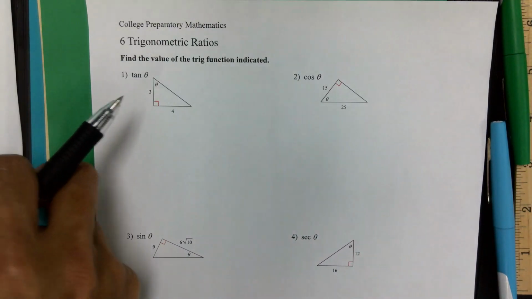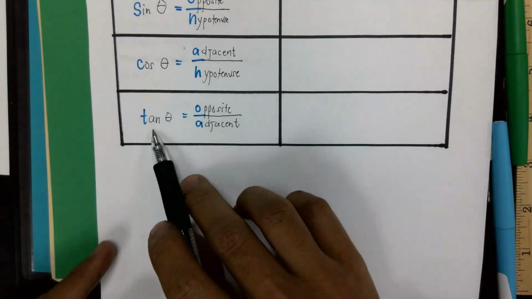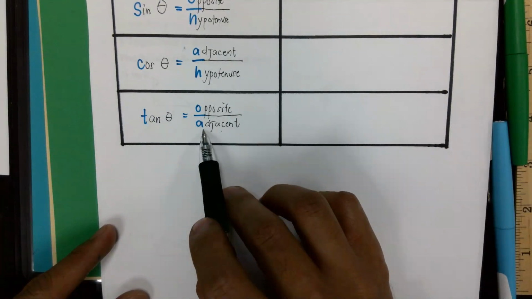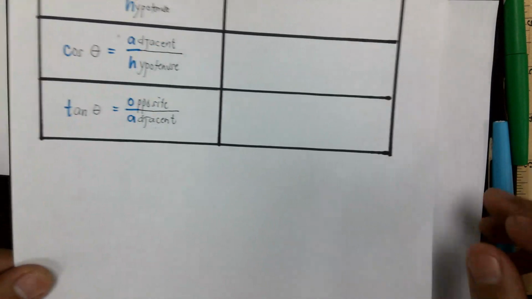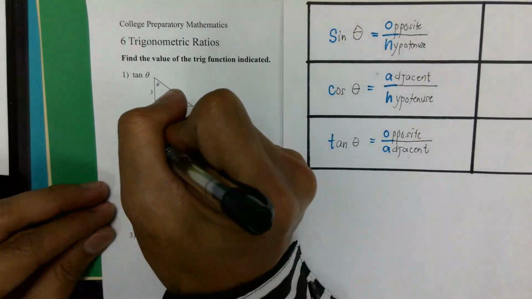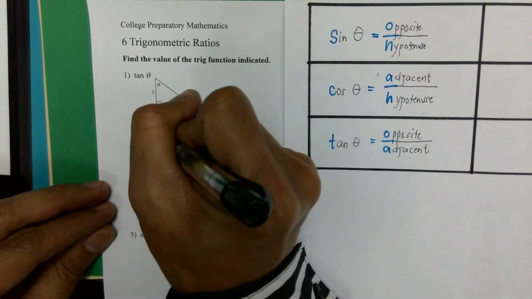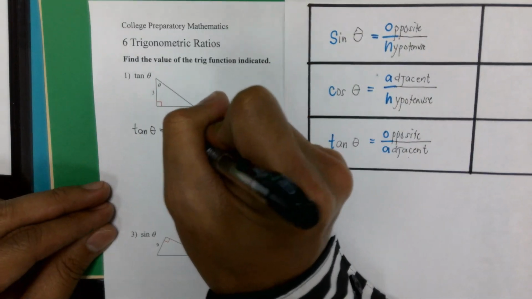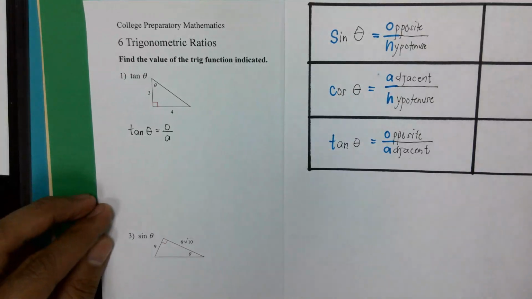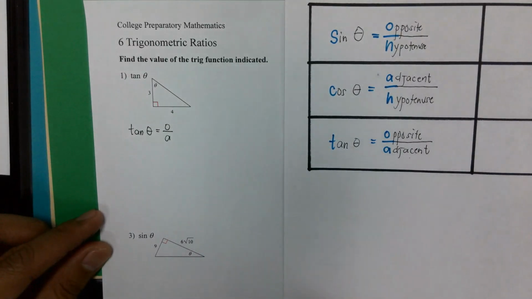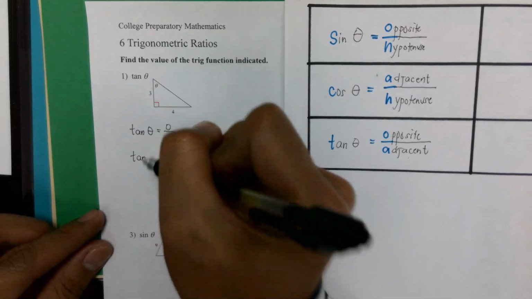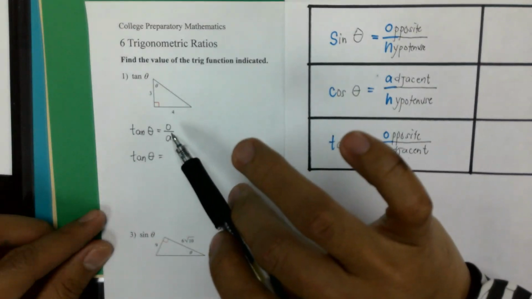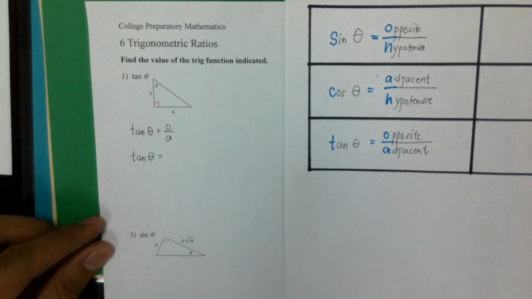If we go back, tangent theta is the ratio opposite over adjacent. So I'd like us to copy that. Tangent theta equals opposite over adjacent. And then replace your values in here based on the triangle that you have.